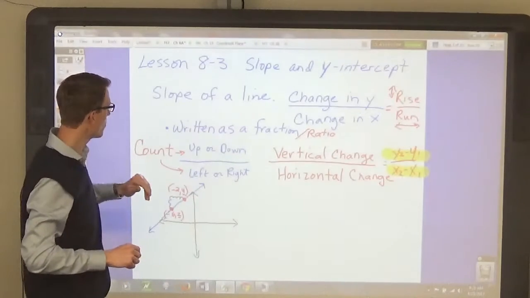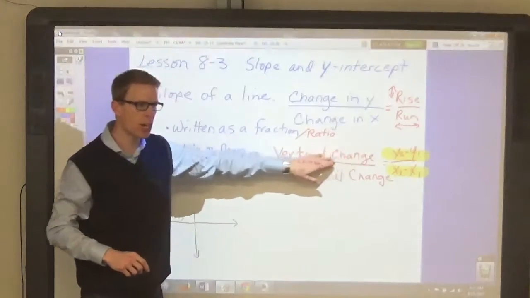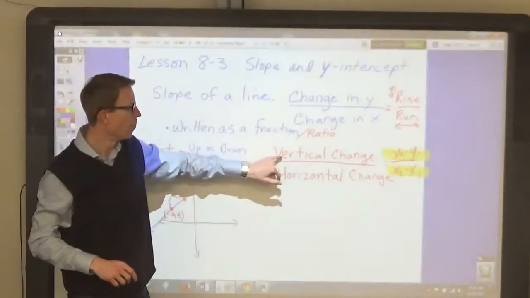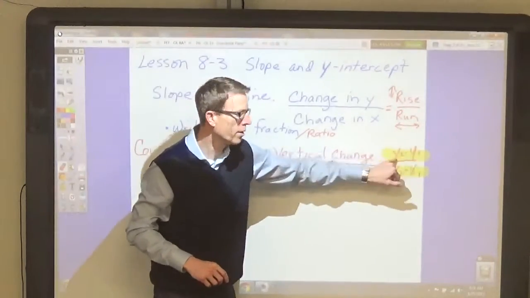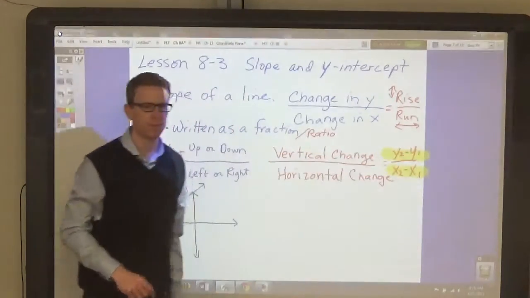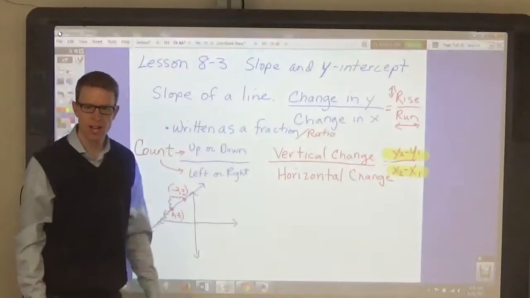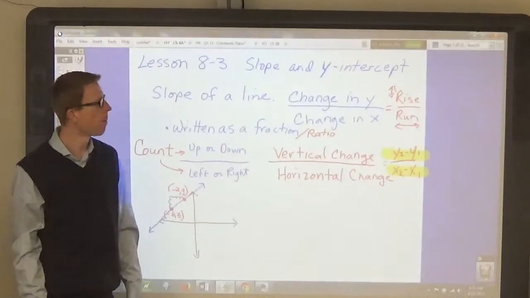So, to find the slope, you have to find how much it changes by subtracting the y-coordinates and subtracting the x-coordinates, or the change in y over the change in x. Okay?